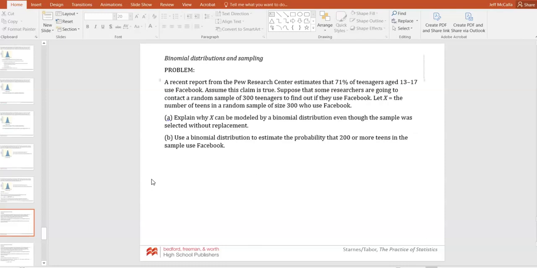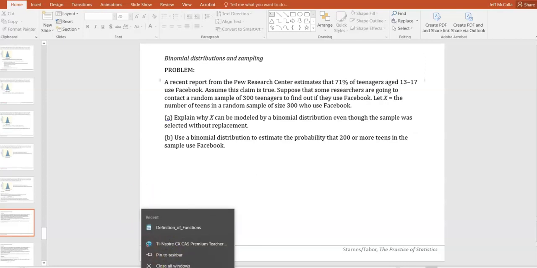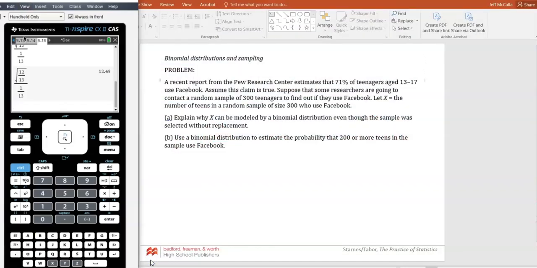The sample size was 300, which is relatively large. So np would be 300 times 0.71. Let's see what that is. Hopefully that's bigger than 10. It is. And then 300 times the probability of q, which is 0.29, is also bigger than 10.